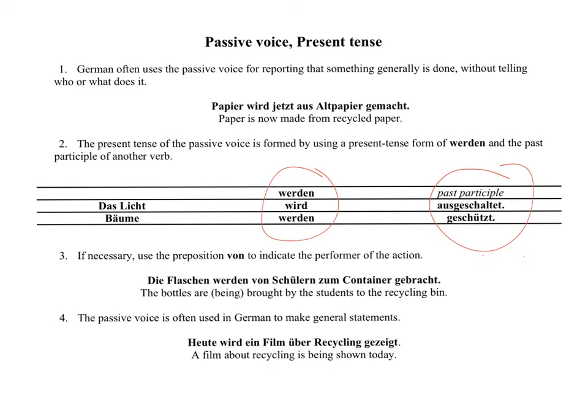Now, ausschalten was one of our vocab words, to turn off. In this case, the form of werden, wird, means that something is being done. So the light is being, the past tense of to turn off, ausgeschaltet, it is being turned off.